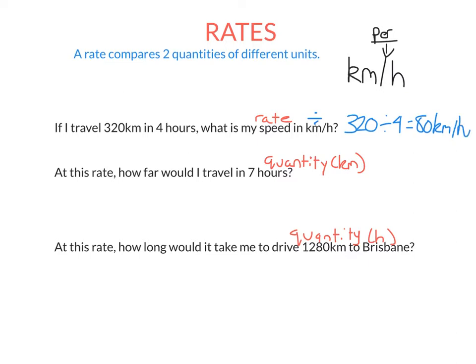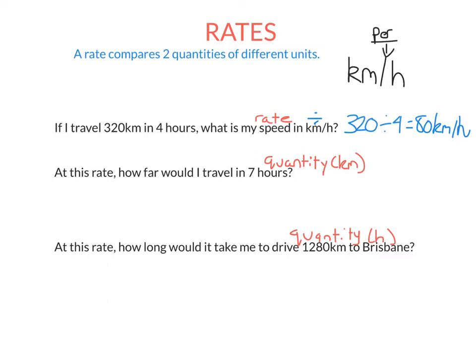What it's saying is, if I travel 320 kilometers in 4 hours, on average, I'm going 80 kilometers every hour. If I can travel 320 kilometers in 4 hours, I can go 80 kilometers each hour, or 80 kilometers in 1 hour. So whenever you're asked for a rate like speed is a rate, it should be a number and then something per something. All right, let's do the second one now.